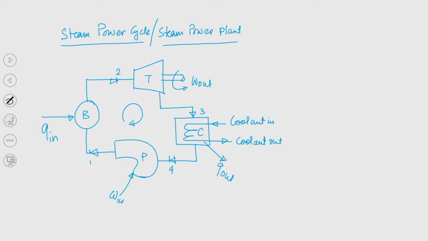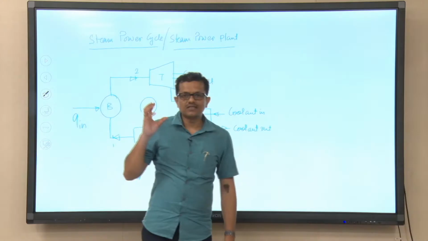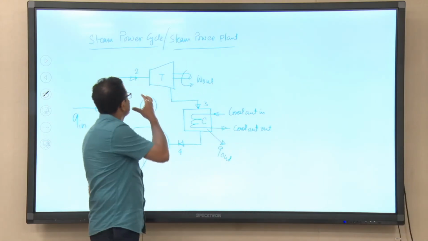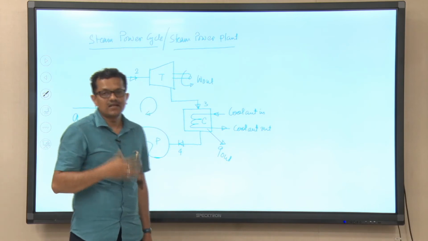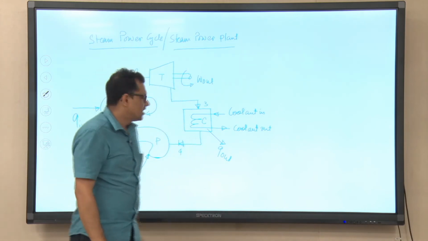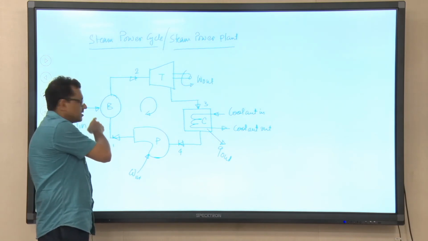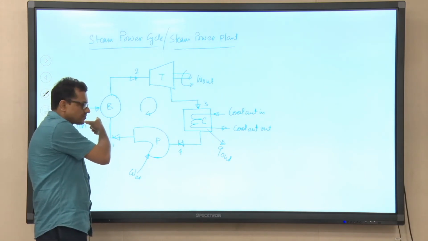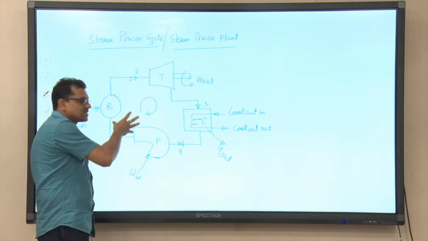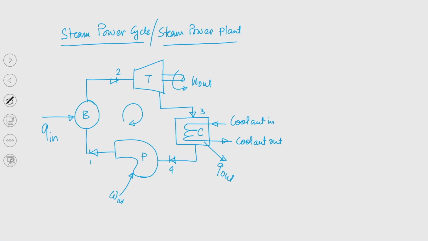Now, if this is the cycle, at least we should know the cycle efficiency, right. Why? Because we are supplying energy in the form of heat here. Now, this cycle is there even for the nuclear power plant, let me tell you. For a thermal power plant, this heat energy is supplied by burning coal.